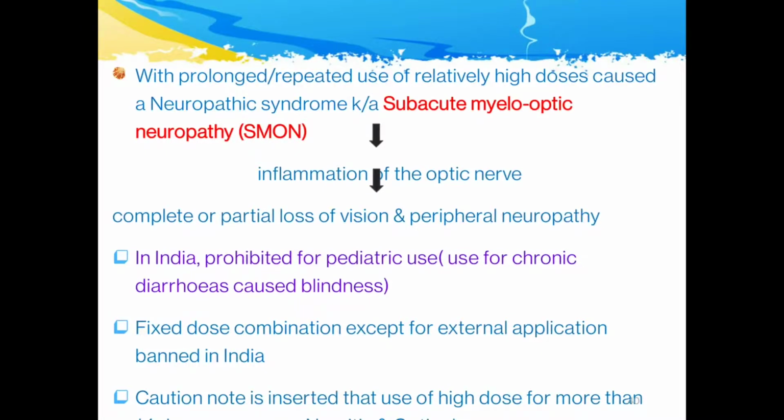Prolonged and repeated use in relatively high dose causes a neuropathic syndrome, subacute myelo-optic neuropathy, SMON: inflammation of the optic nerve, complete or partial loss of vision, and peripheral neuropathy. In India, it is prohibited for pediatric use for chronic diarrhea as its use causes blindness. Fixed dose combinations, except for external application, are banned in India. More caution is advised, with a note inserted on use in high dose.